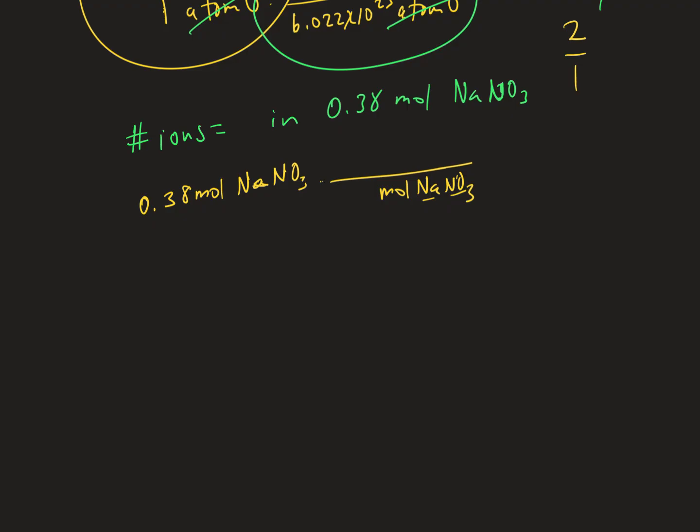So we have formula units of sodium nitrate. If we have 1 mole of sodium nitrate, we have how many formula units? 6.022 times 10 to the 23.